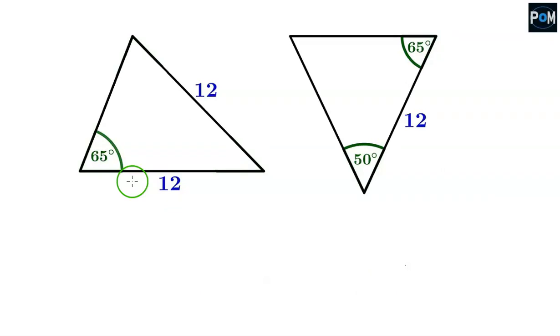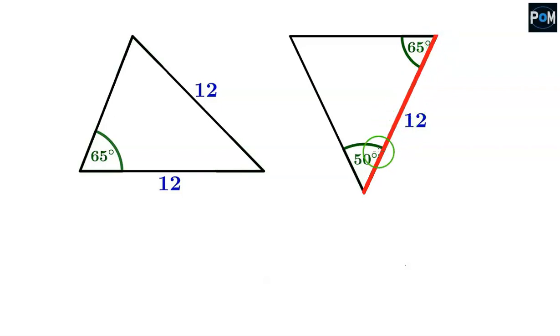Can we now say that these two triangles are congruent, meaning identical? We have here an angle of 65 degrees. We have two sides equal to 12 in one triangle, and in the other triangle, we have a side of 12 with two angles attached to it, 50 and 65. From our angle-side-angle theorem, it turns out we should have one side and two angles attached to this side, something like what we have here.